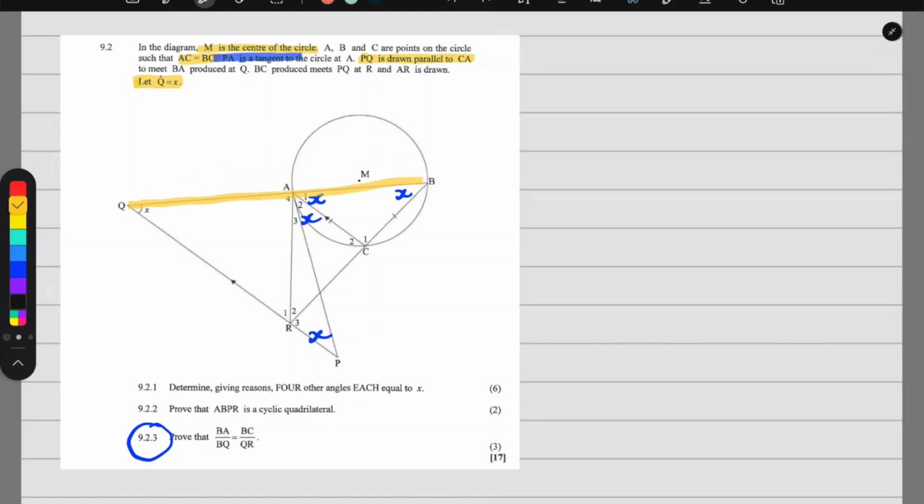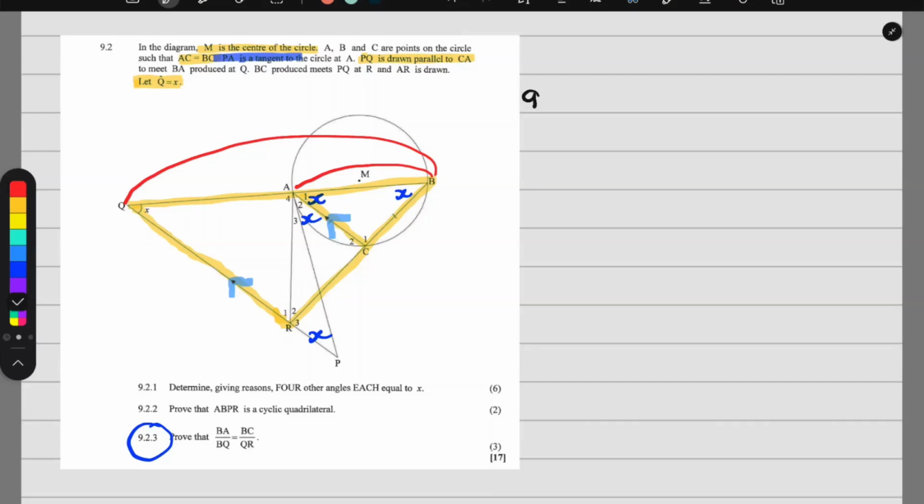So if we highlight this triangle over here, do you see this is a prop theorem triangle? Because this line is parallel to that line. So I'm going to say BA over the whole BQ.